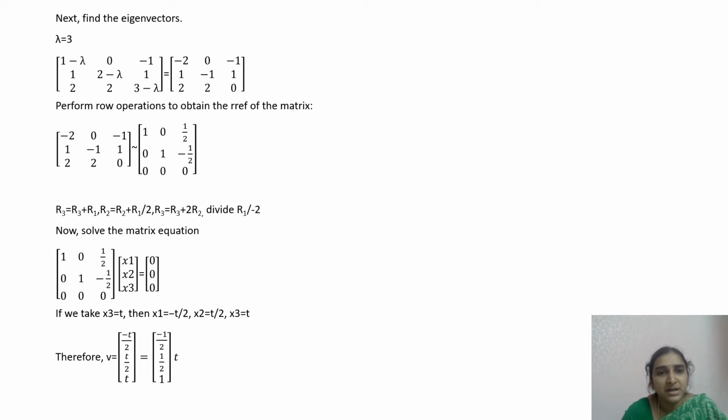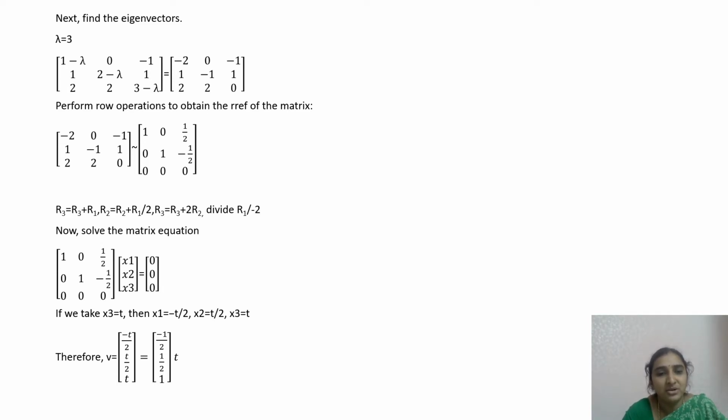The resultant matrix on performing row reduced echelon form would be [1, 0, 1/2; 0, 1, -1/2; 0, 0, 0]. Now solve the given matrix. The matrix [1, 0, 1/2; 0, 1, -1/2; 0, 0, 0] multiplied with the column matrix x1, x2, x3 is equal to the column matrix 0, 0, 0.